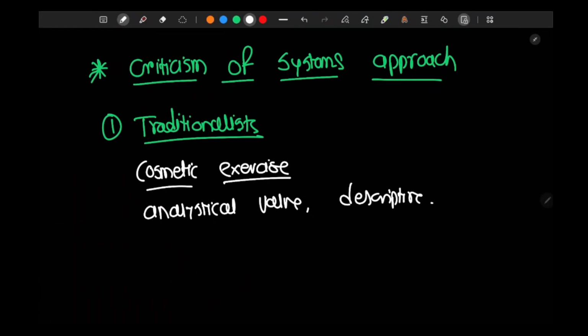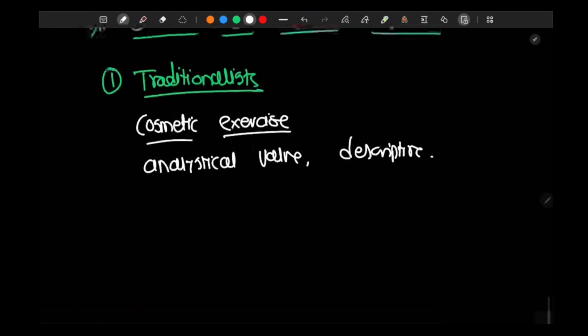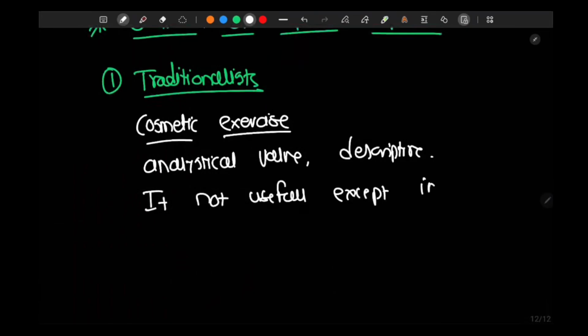It is not useful except at the start of research. This is the traditionalist criticism of the systems approach, right?